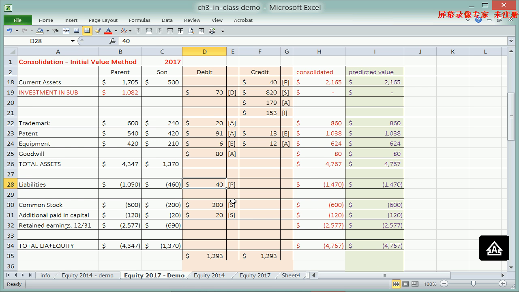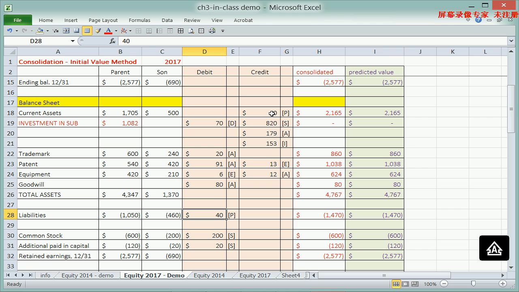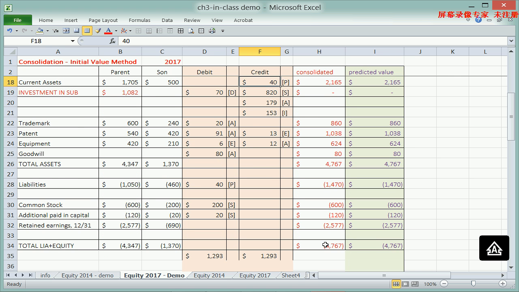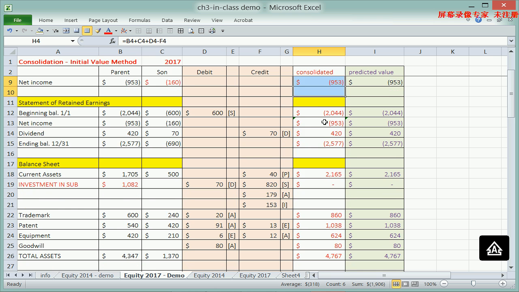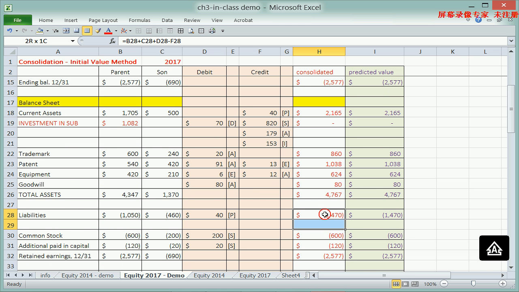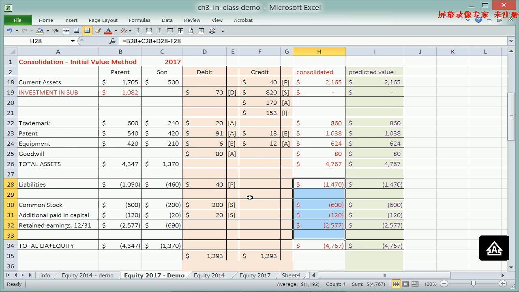So basically, when the lender debits accounts receivable, the other side credits accounts payable, and we reverse it by debiting accounts payable and crediting accounts receivable. I want you to see this. That's eliminating the intra-entity loans. Now, after I do this, everything looks great because my consolidated number coincides with my predicted number.